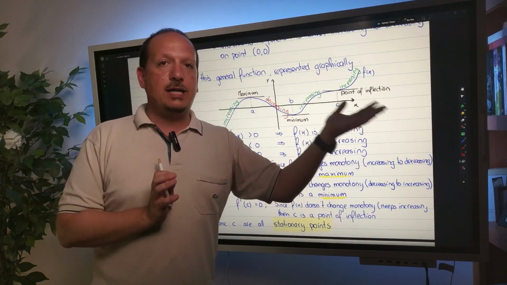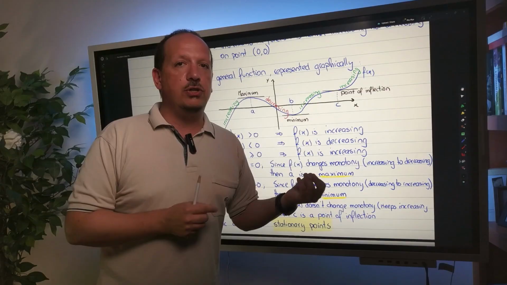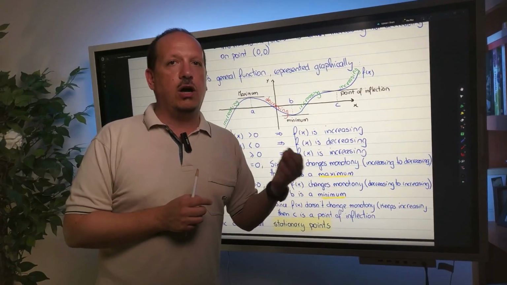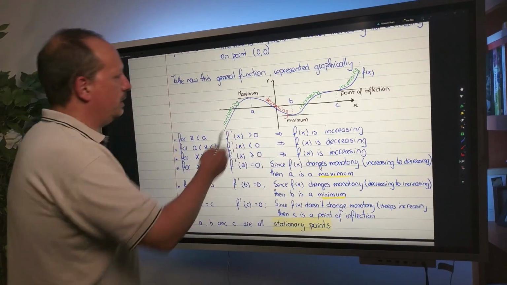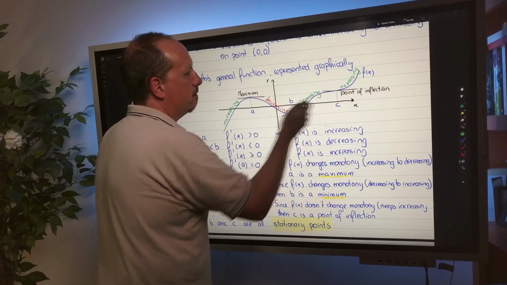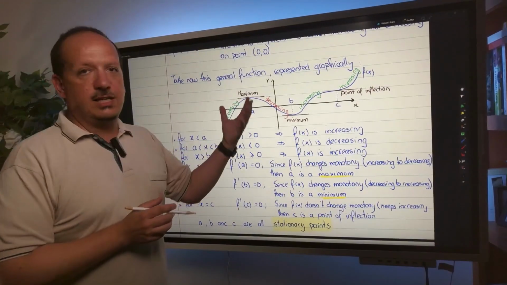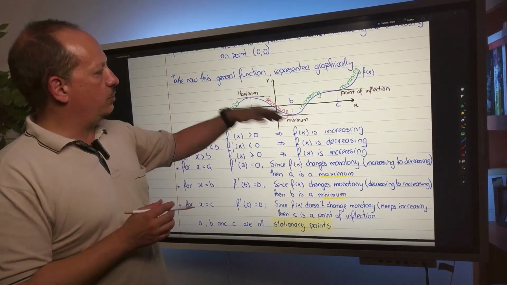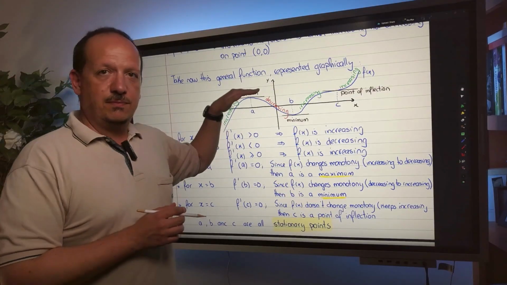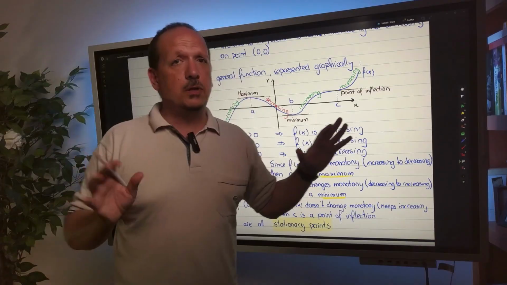You solve it by equaling it to 0, and then the values of x that you are going to have as the solution of that equation are going to be the x coordinates of the stationary points. If you want to get the y coordinates, substitute these values into the original function and you get the y coordinates. Making sense? This is a very typical question.